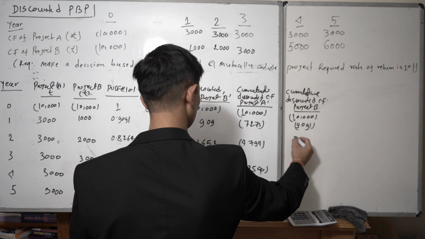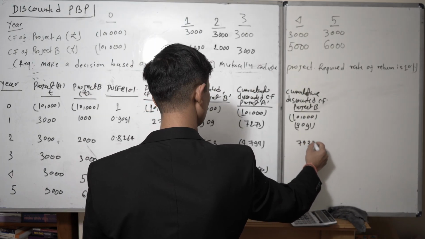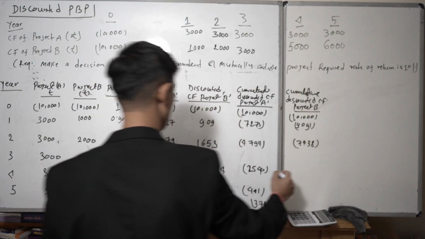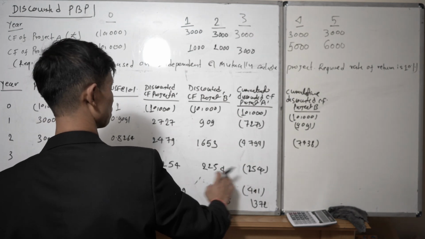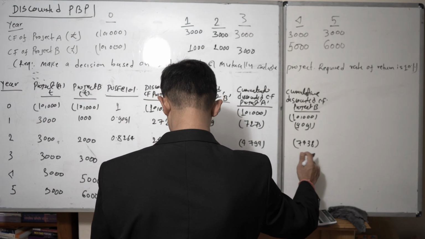We get here minus 7438, and we deduct 2254 from 7438.